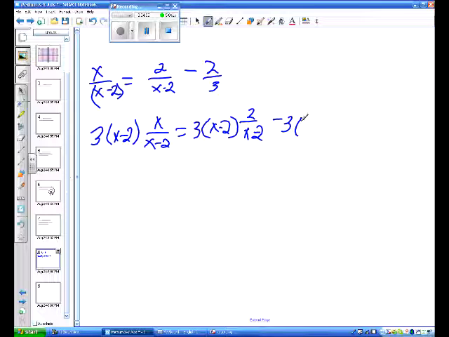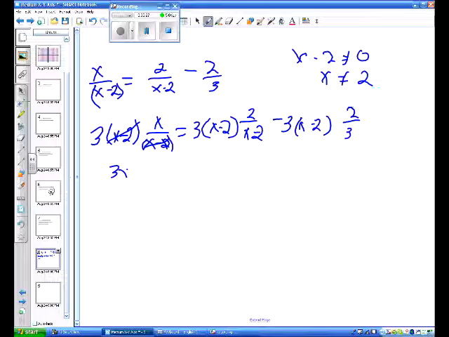Well, we know the 3 can't be 0, so it doesn't come into play. But if x minus 2 cannot equal 0, then that means x cannot equal 2. So if we end up with a 2 for an answer, then we're not going to be able to use it. Okay, right here, remember these are understood to be in parentheses, so they're going to cancel.